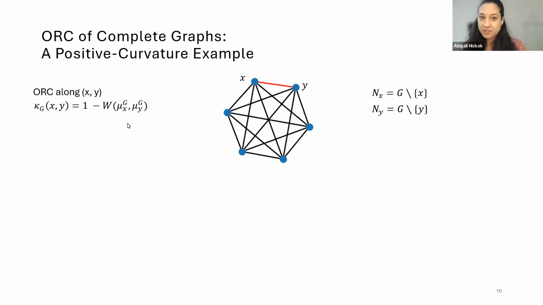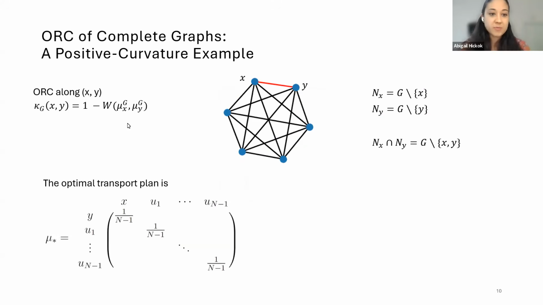Okay, now to give a positive curvature example. Here I have this edge xy in a complete graph. These neighborhoods of x and y are almost exactly the same, except that they don't include each other. So here, the optimal coupling is for every node that's shared between them, so not x or y itself, we just keep the mass where it is.